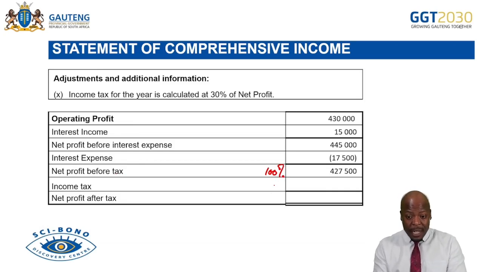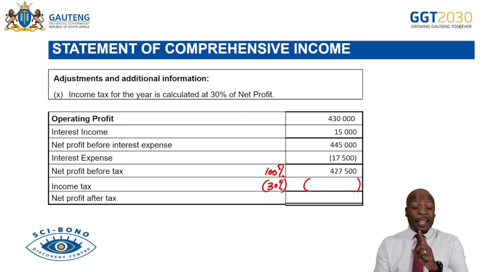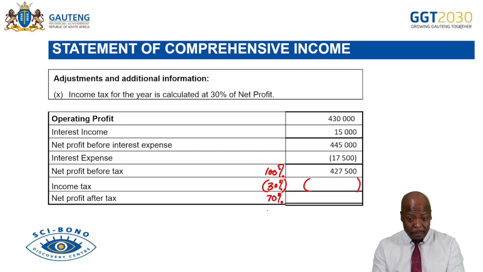Of this 100%, 30% is my income tax. I'm subtracting it, so I put brackets here. Income tax gets subtracted, and after that I get my net profit after tax. That is 70%.